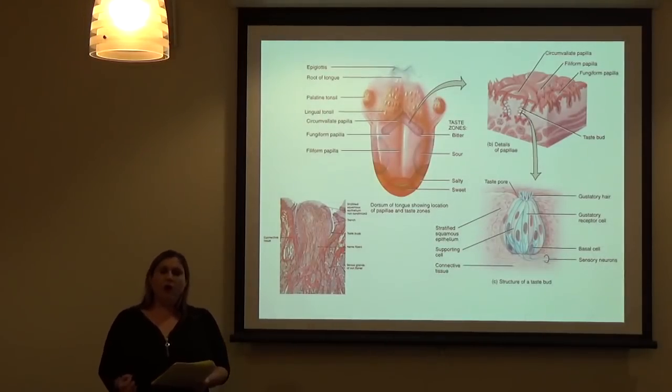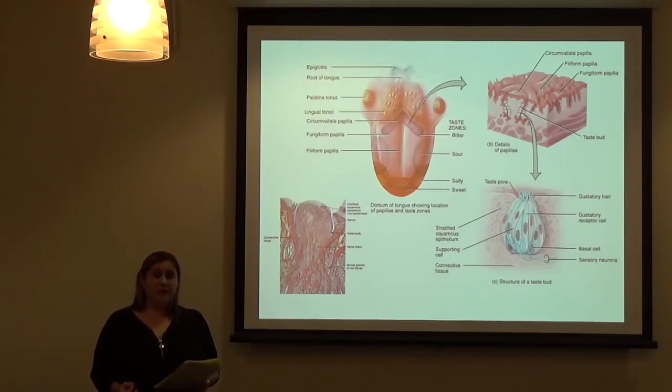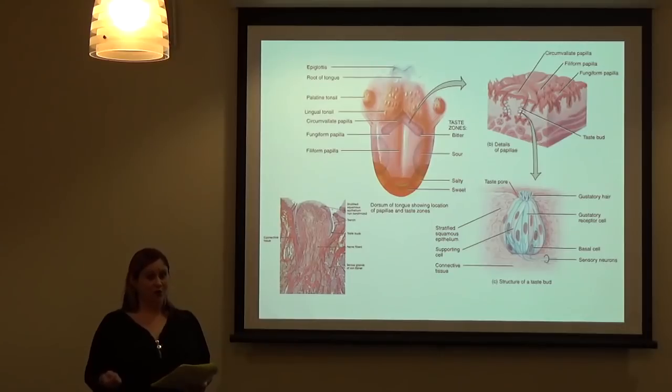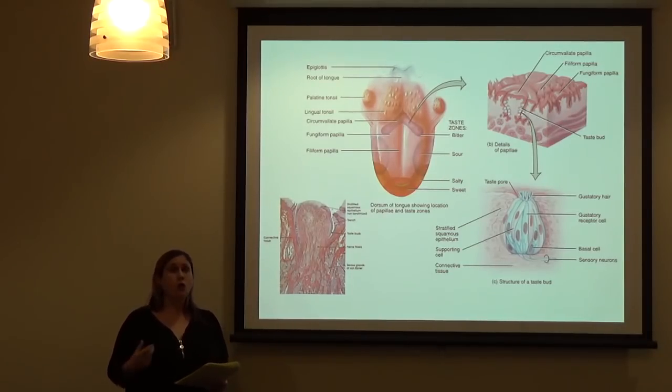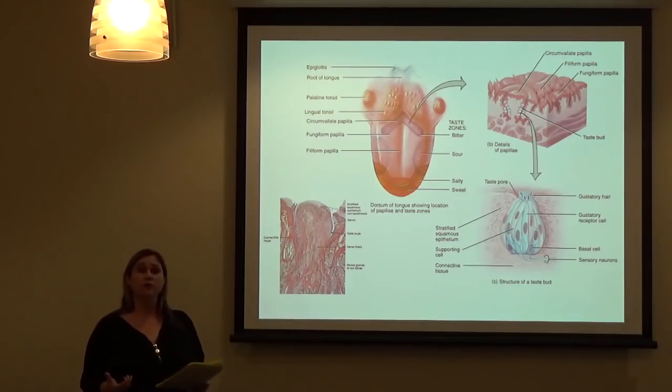So there are 5 basic tastes that we can experience with our sensory equipment. And these 5 basic tastes correspond to certain chemicals that are in our food or any other substance that we're tasting.